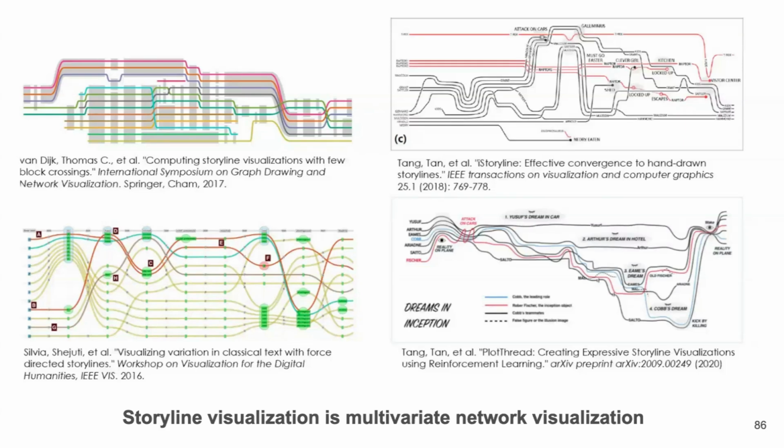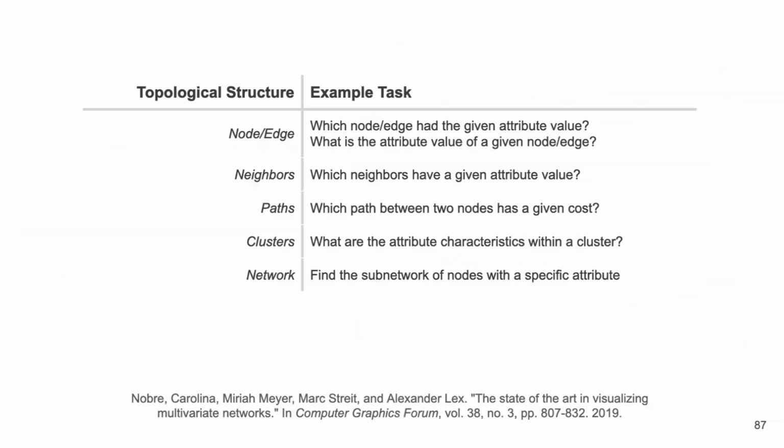The characters might have factions that they belong to, might have different colors. The events in these have a temporal component. They need to encode that by going on the x-axis. And the groupings, characters that appear in the same scene, are represented as grouped together. That's also additional information that we have and that we need to display.